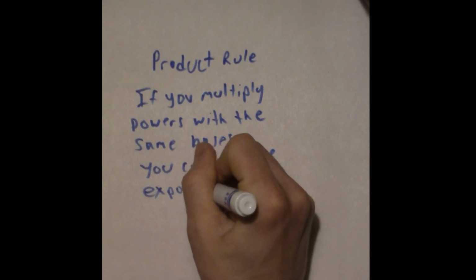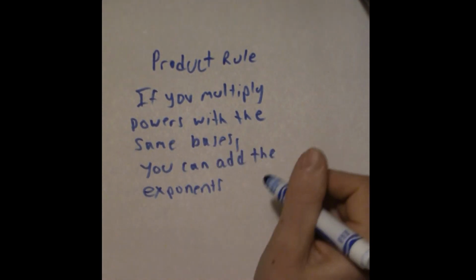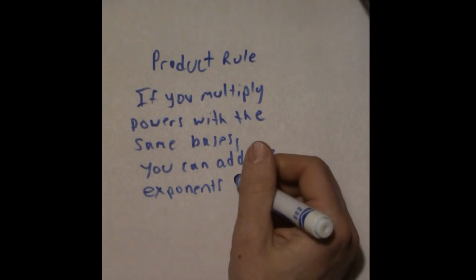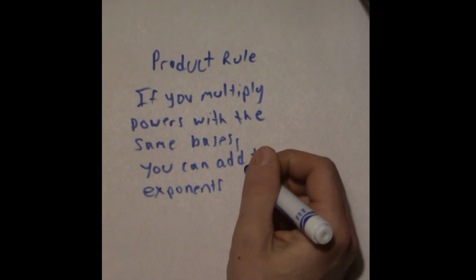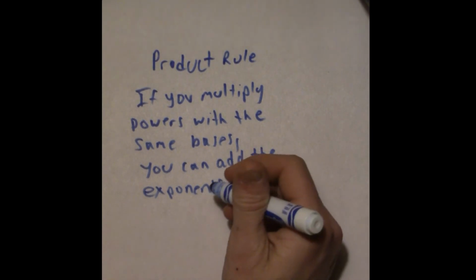So that's a quick way of getting what a product would be. Instead of having to write it down in expanded form, you could use this rule to figure out what the product of two powers would be.